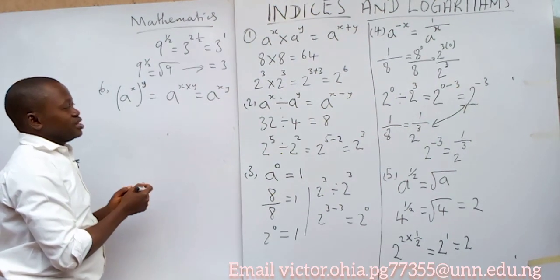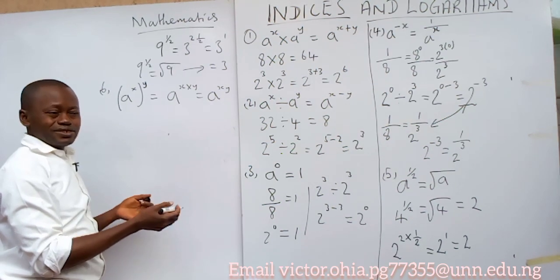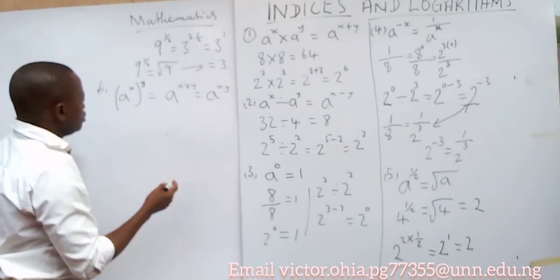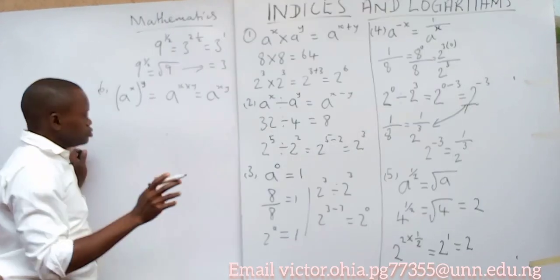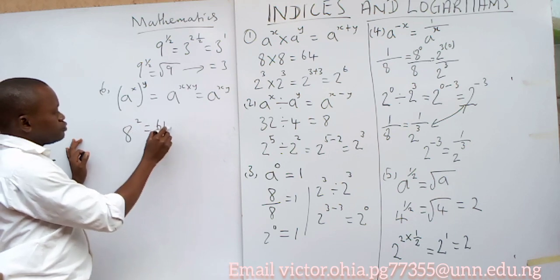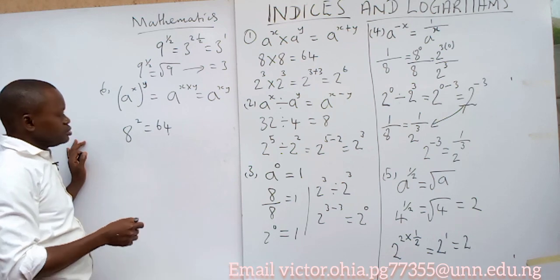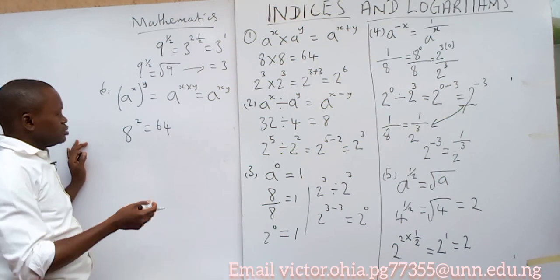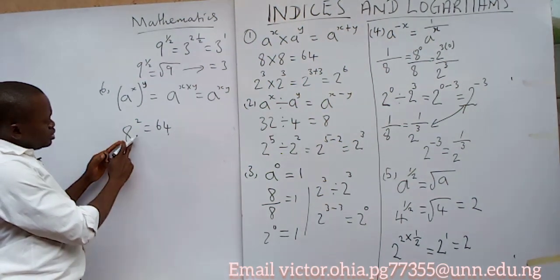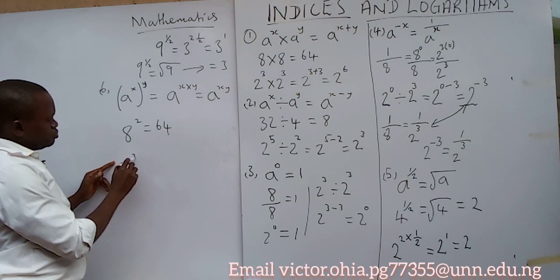So, how can I verify that this is true? I'll choose a number. You know that 8 raised to power 2 is 64. I don't think you have an argument about that; otherwise, press your calculator and get it. Now, you know that this 8 is 2 raised to power 3.